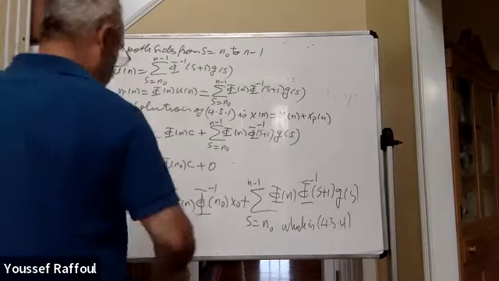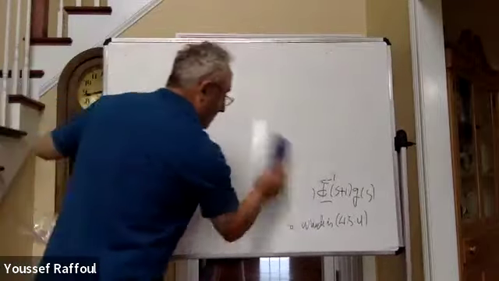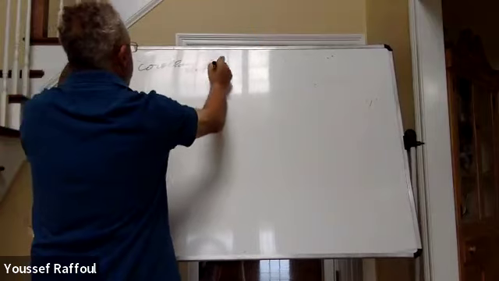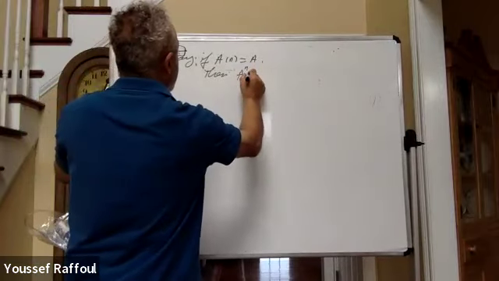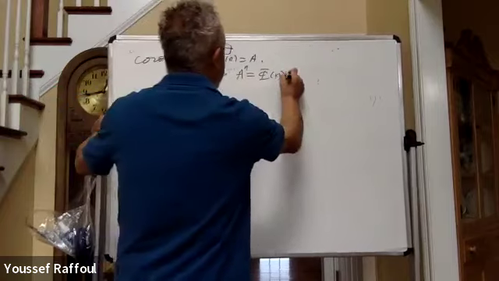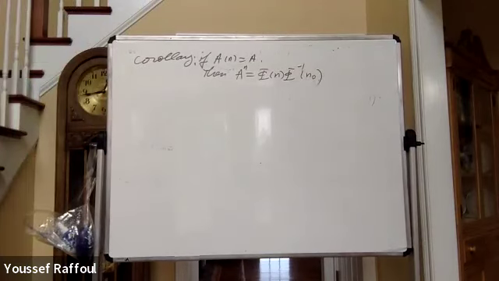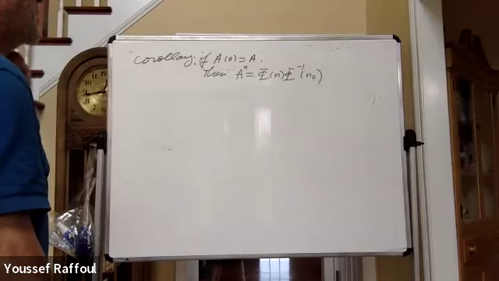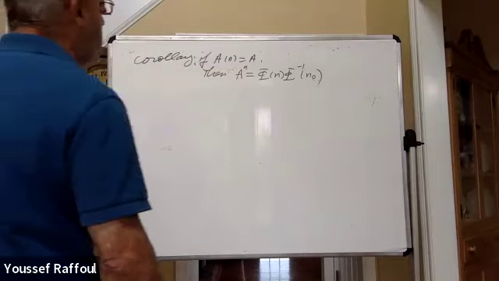Now, a corollary: if A(n) = A, then A^n is Φ(n) Φ^{-1}(n0).